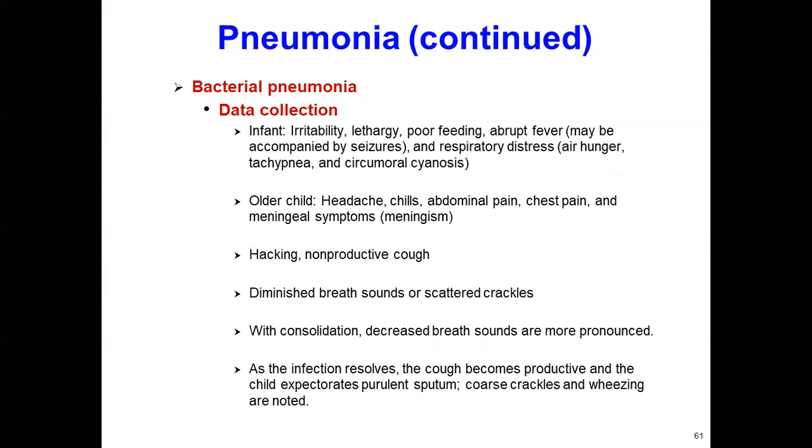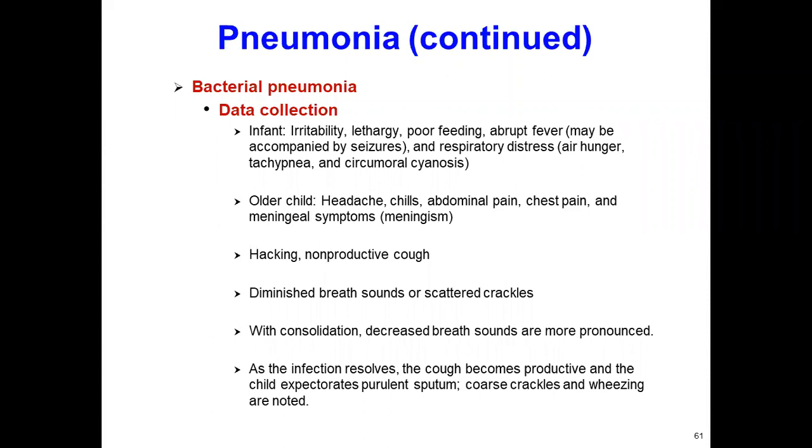Bacterial pneumonia is the most common one. In infants, the patient presents with irritability, lethargy, poor feeding, sudden fever, or respiratory distress. Respiratory distress is a medical emergency, right? So we need immediate hospitalization of the patient and give them oxygen.